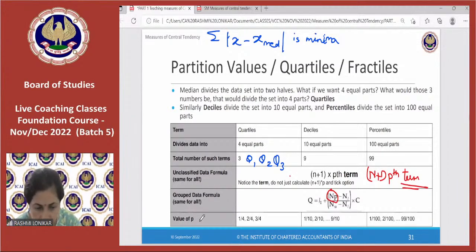The value of P will be 1 by 4, 2 by 4 or 3 by 4 for quartiles. For deciles, it will be 1 by 10 up to 9 by 10, and for percentiles, it will be from 1 by 100, 2 by 100 up to 99 by 100.